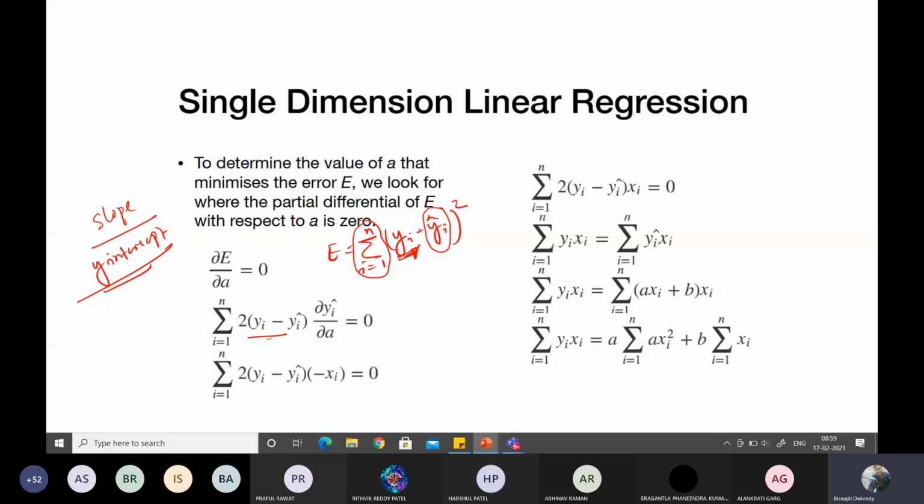Here you can see what the value of your yi cap will be. If you are taking the derivative of this, then you have to use this expression.